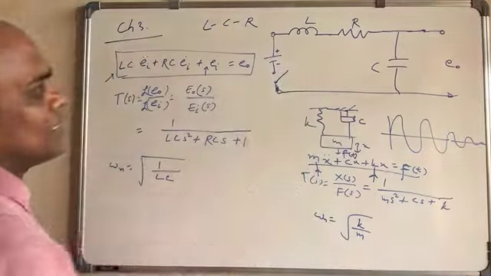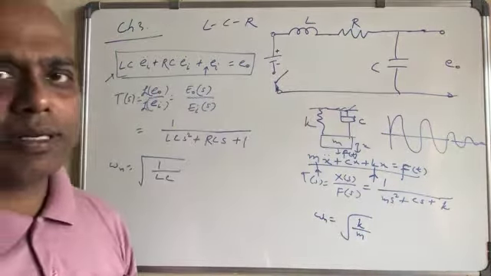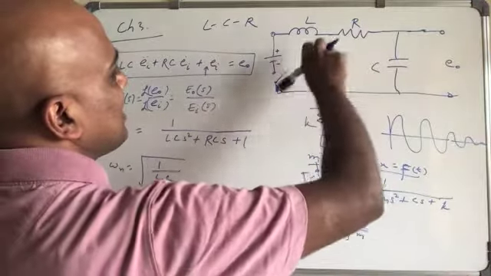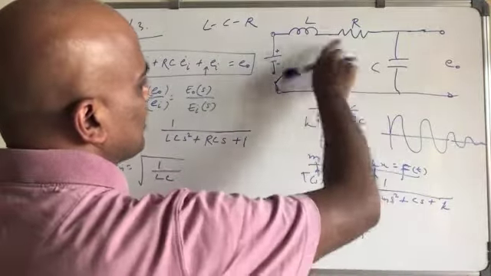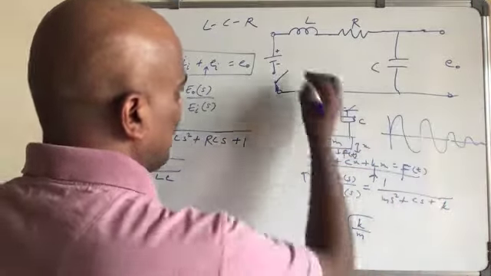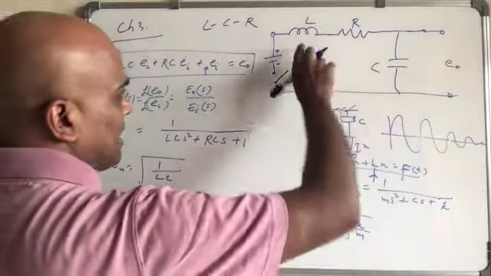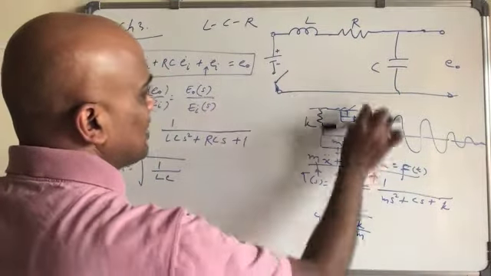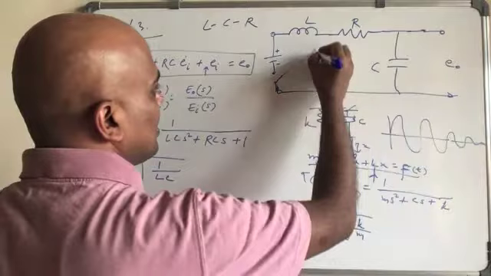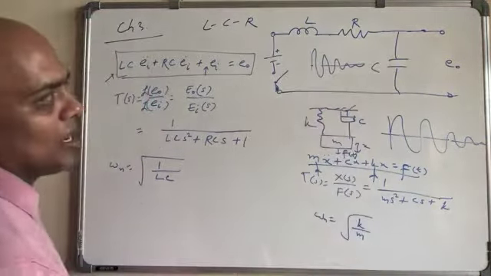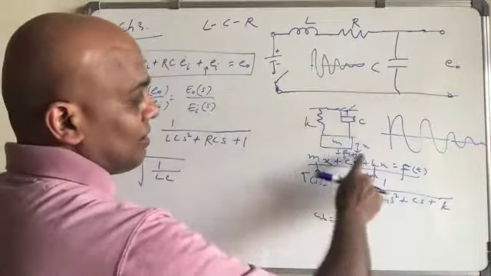Now just switch it on, and then you will automatically see that it will start oscillating like this. Or just connect it for some time and release it, and then you will see this kind of oscillation. It will start and finally it is going to settle down, again depending on the factors.